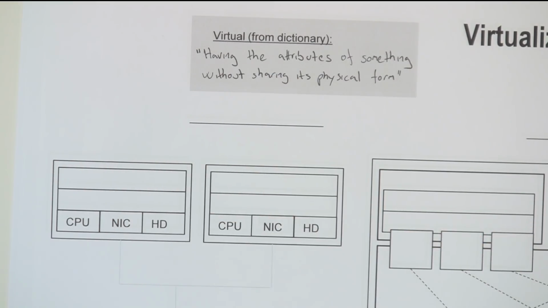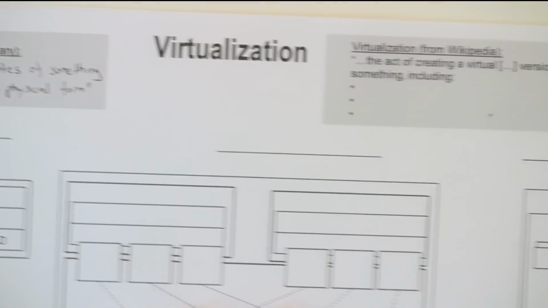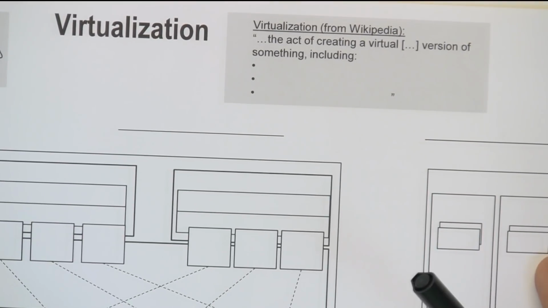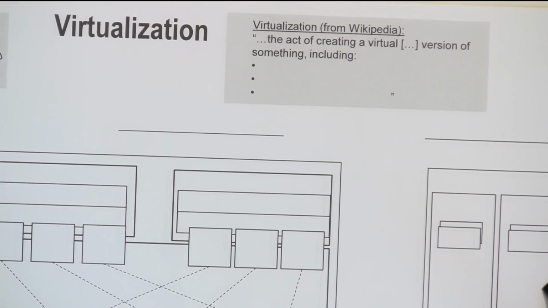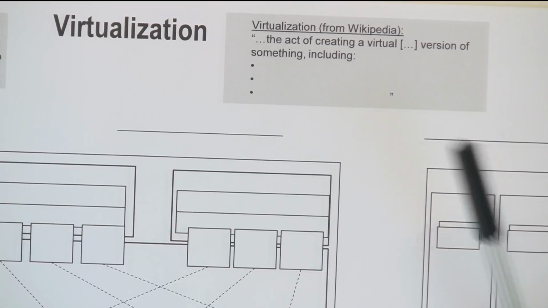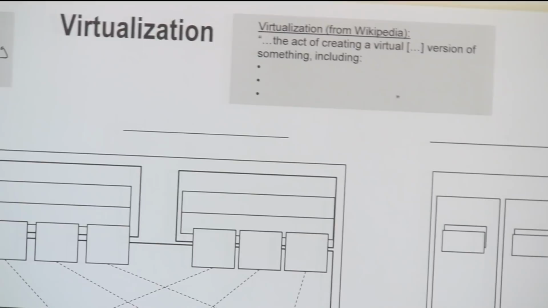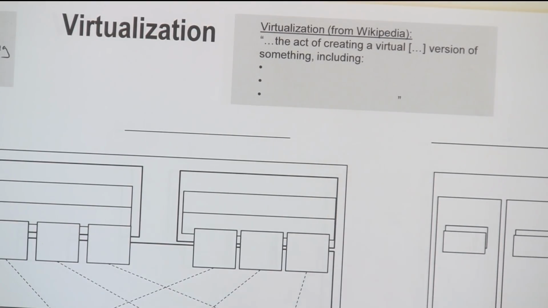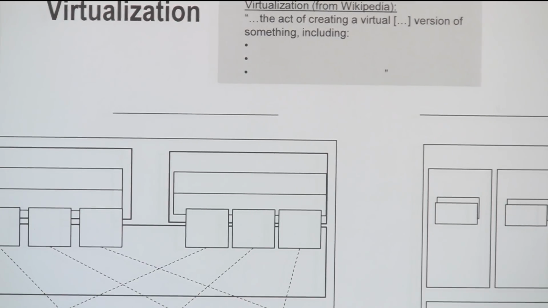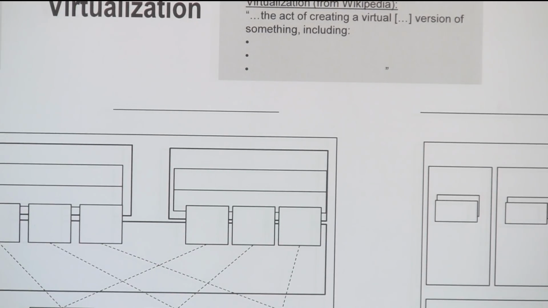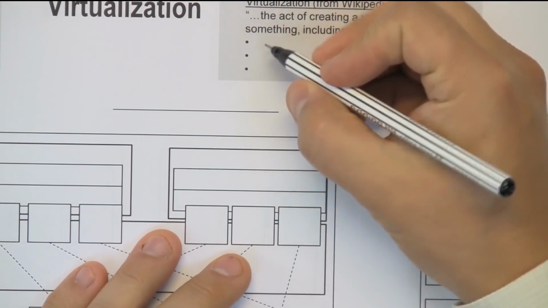Going over to the right side here, virtualization from Wikipedia: the act of creating a virtual version of something, including, and here we're looking at things that are particularly interesting for us in the world we're working with, computer hardware platforms, that's the first bullet.